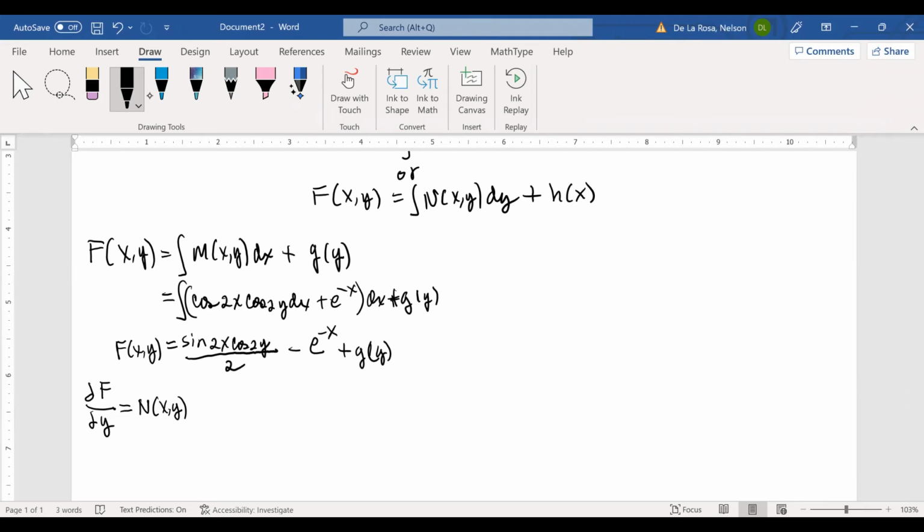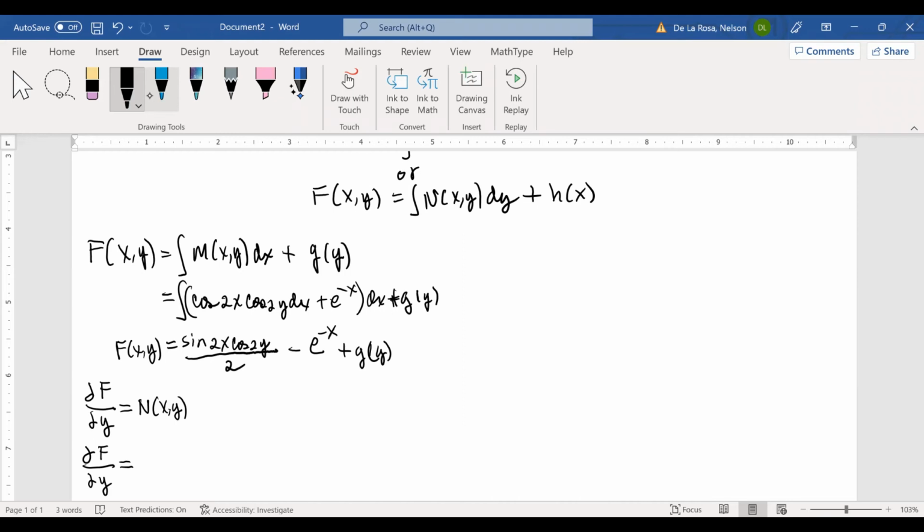So let's do that. In finding the partial derivative of f with respect to y, since it's with respect to y, we find the derivative of just cosine of 2y, which is negative sine of 2y times 2, because we have to multiply by the chain rule of the derivative of the inside of the cosine.